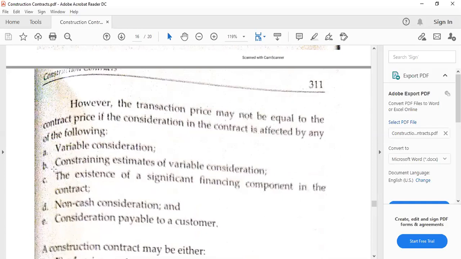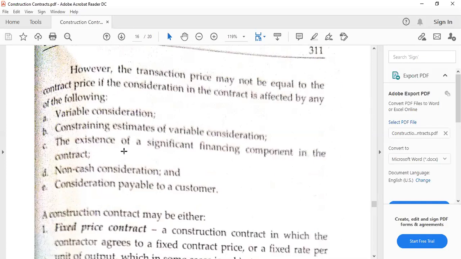So these variabilities could be variable consideration, constraining estimates of variable consideration, the existence of a significant financing component in the contract, non-cash consideration, and consideration payable to customers. So this would really have an impact on the value of the contract price, resulting in a transaction price not equal to it.